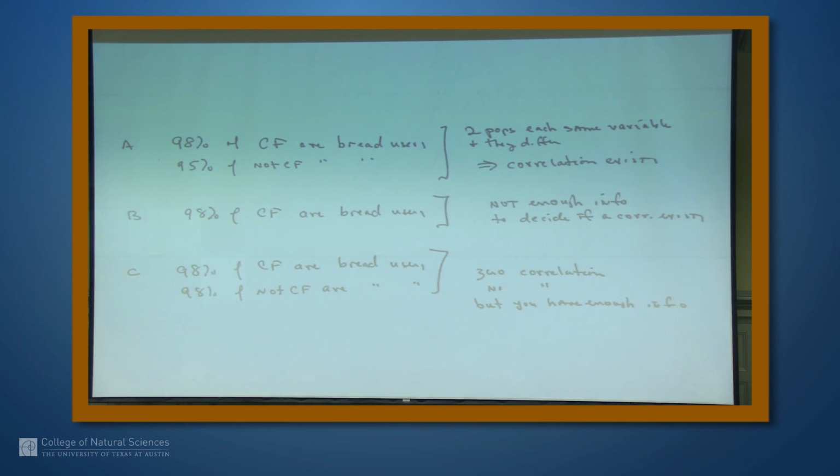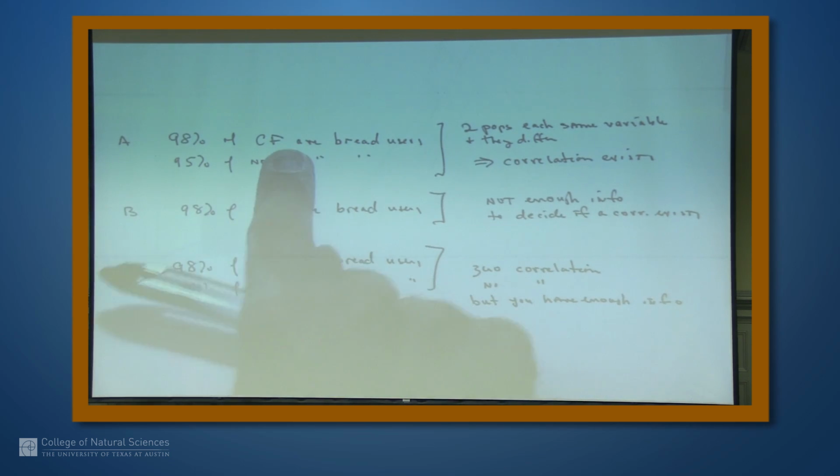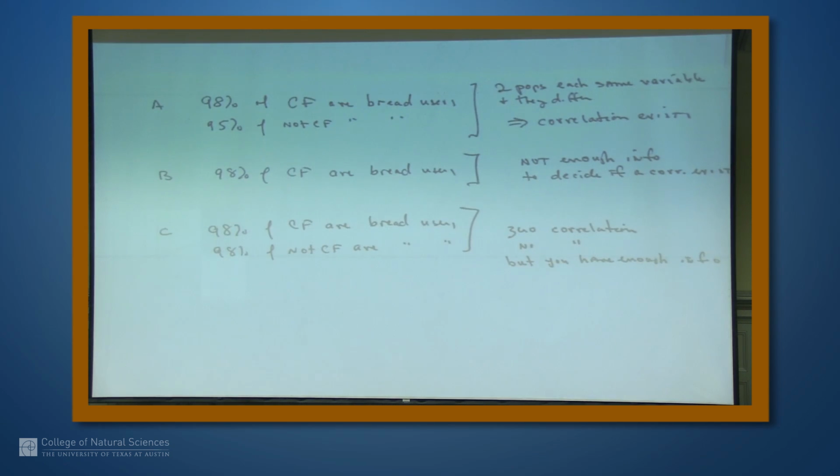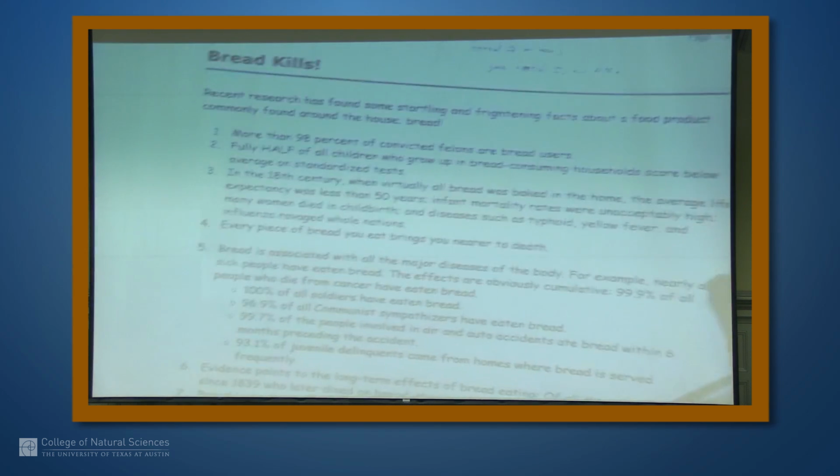I heard the question, but I don't necessarily understand it. Well, there's nothing in the problem that indicates the percentage of non-convicted felons' bread use. Oh, you mean here I made these up? Yeah. I made this up and I made that up. And whoever wrote this probably made it up too.